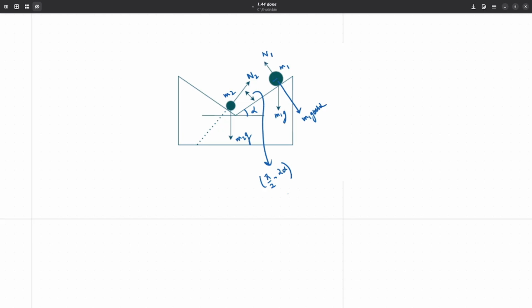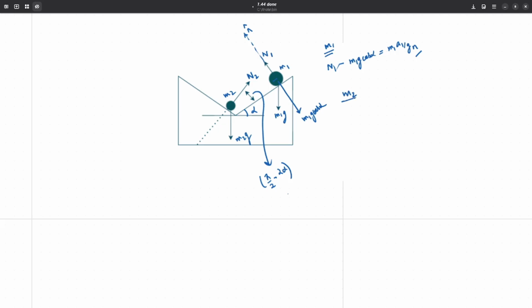Now projecting all the forces along n cap, which is the direction normal to the right inclined plane, we have for m1: n1 minus m1g cos alpha is equal to m1 a1gn, where n denotes the normal component of the acceleration of mass m1 with respect to the right inclined plane.